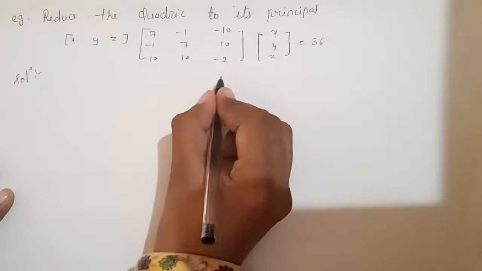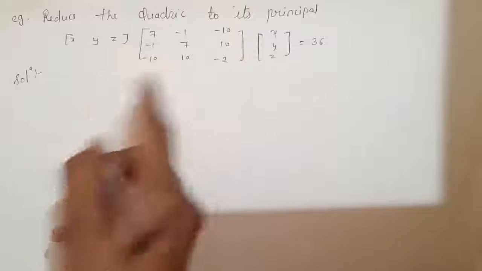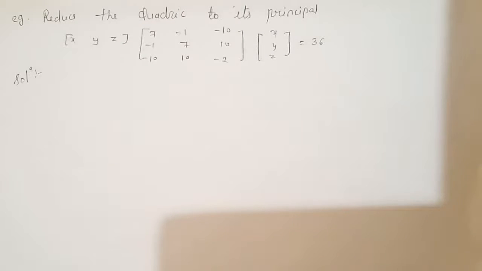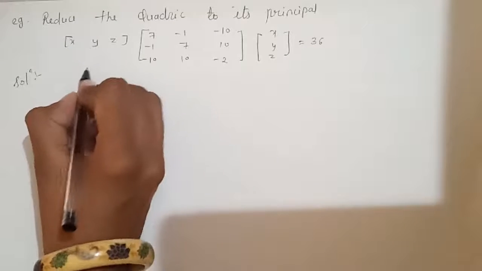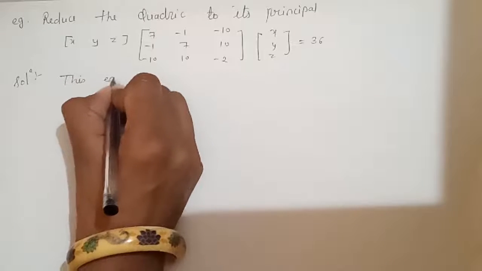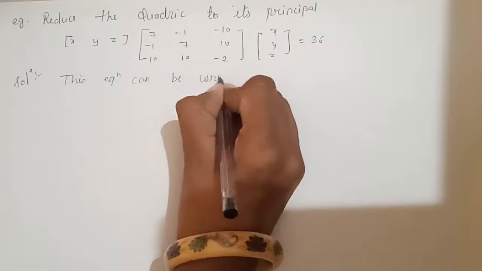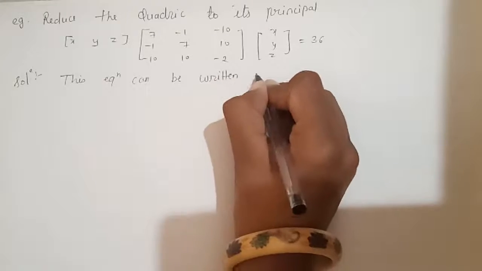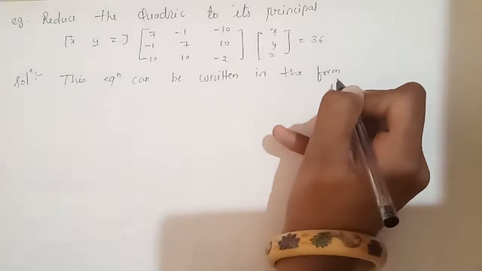Here we need to reduce the given matrix, but before that we will form the equation for the given form. On solving this, the equation can be written in the form of a quadratic equation.